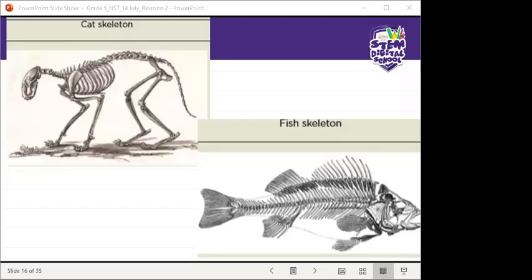A hydroskeleton is basically a flexible skeleton that is supported by fluid pressure. As Neo has shared in the group, you can read Neo's definition there. A hydroskeleton is usually found in invertebrates.